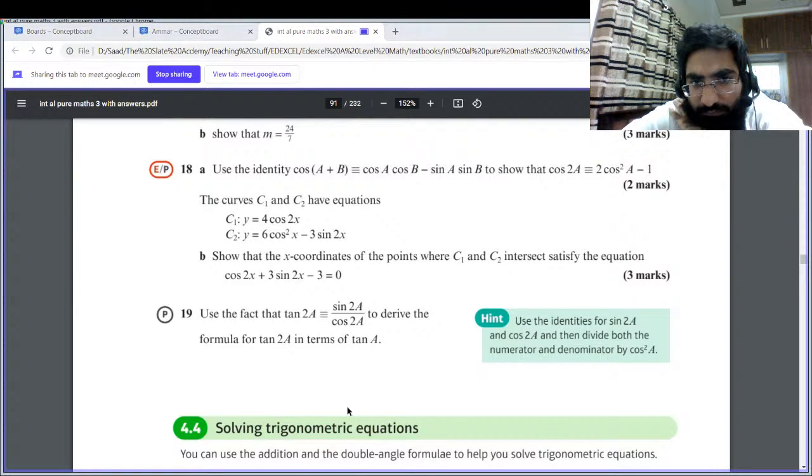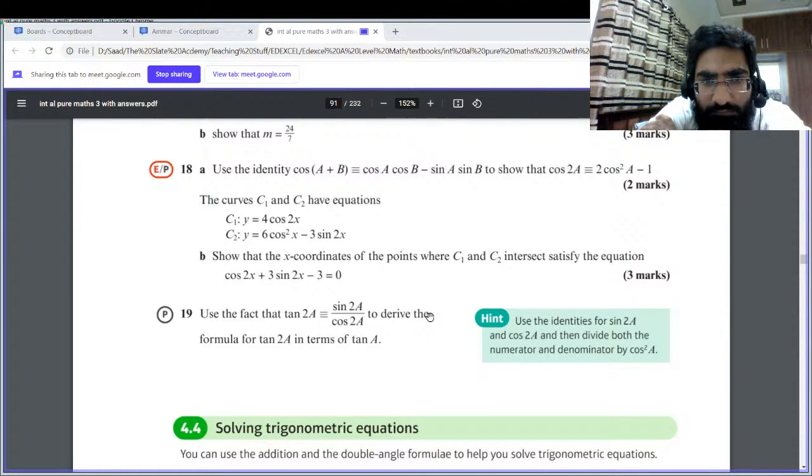The curves C1 and C2 have equation y is equal to 4 cos 2x. Do I have to draw it? Not really. Okay.